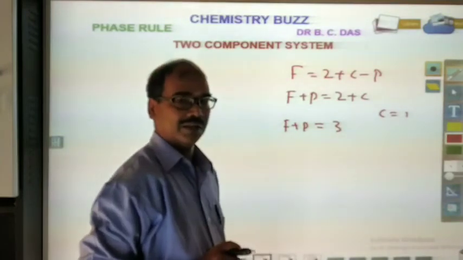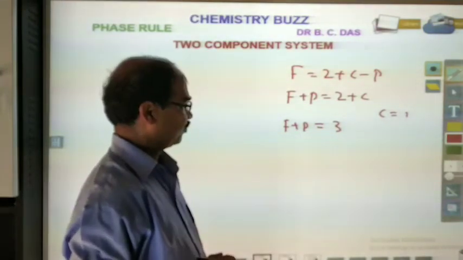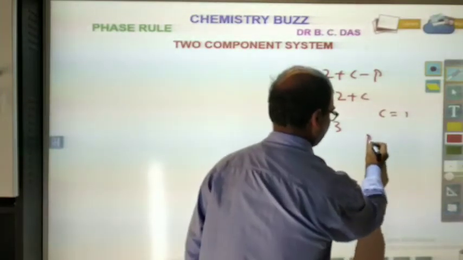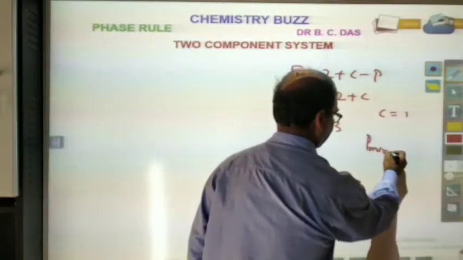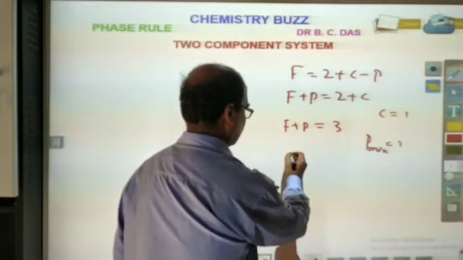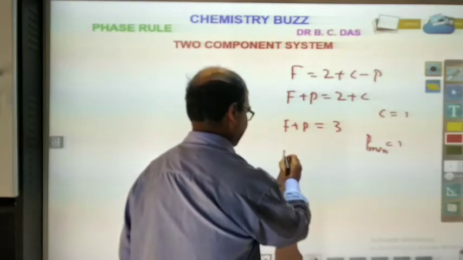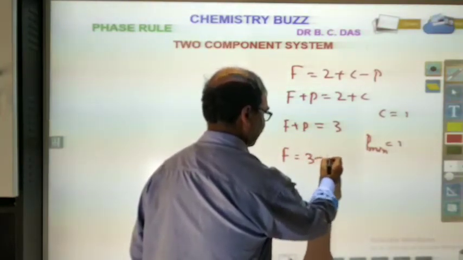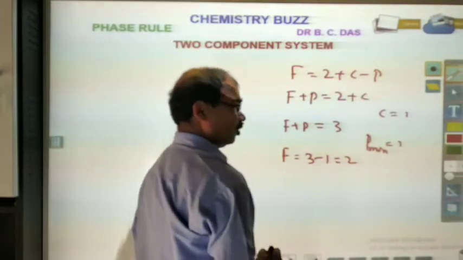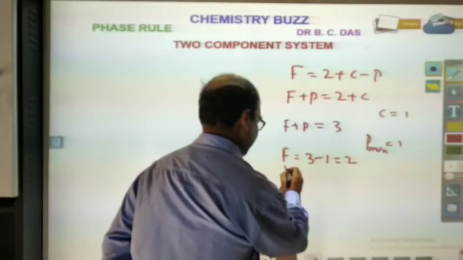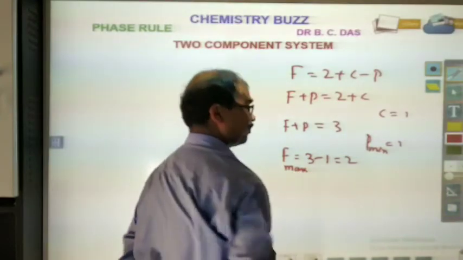For any system, the minimum number of phases is P minimum is equal to 1. So F is equal to 3 minus 1, that is 2. So when phase is minimum, degree of freedom is maximum.